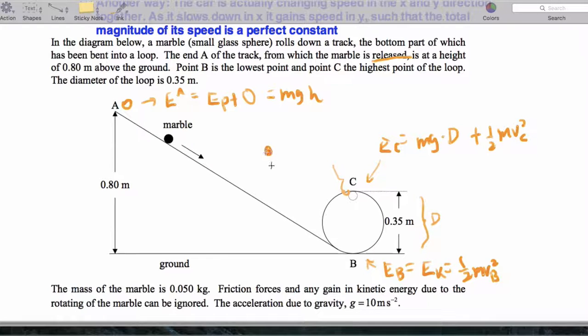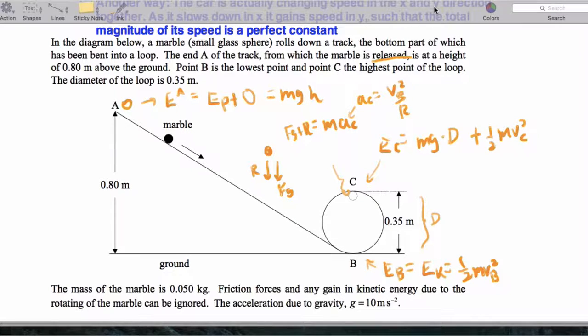First, I'm moving in a circle, so I'm going to have a normal reaction force from the track, plus its weight. And I'm just going to write down the equation here, which is that Fg plus R is going to make it accelerate in a circle. And I want to just note that AC here is going to be V at this point C squared divided by the radius of the circle.